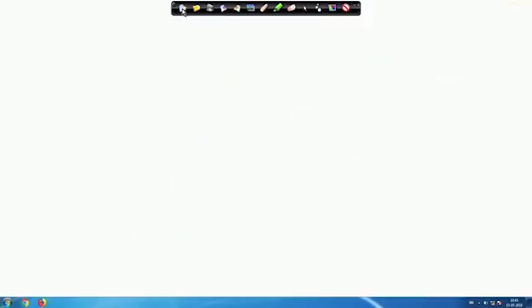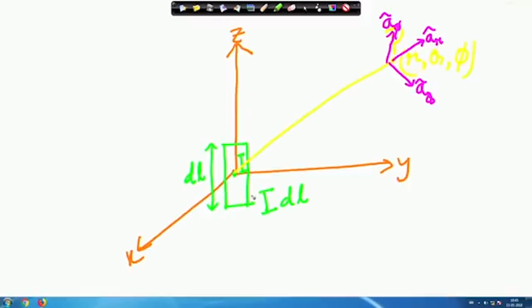So, we can say, and we have already found, that the current density vector is z directed.